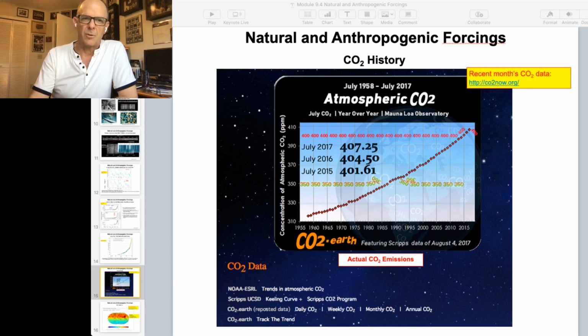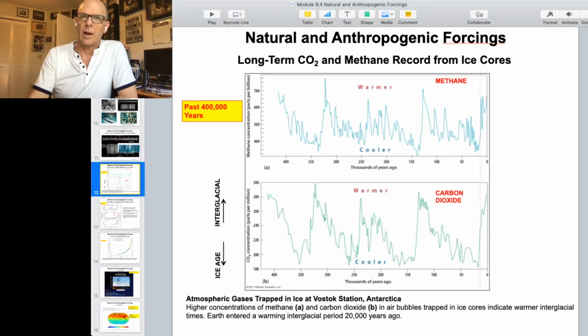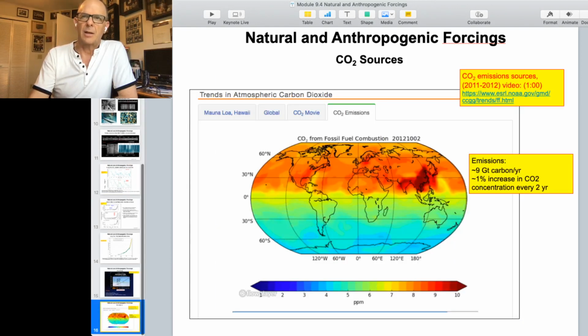So it's gone up from 0.027% to 0.041% in the last couple of hundred years. And in the last 50 years, it's gone up very rapidly. So take a look at these resources showing you what the evolution of these greenhouse gases is in our atmosphere.